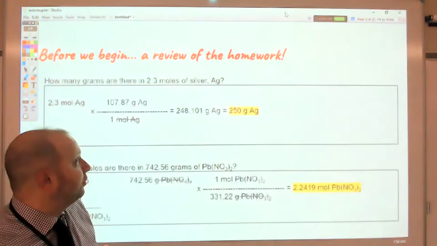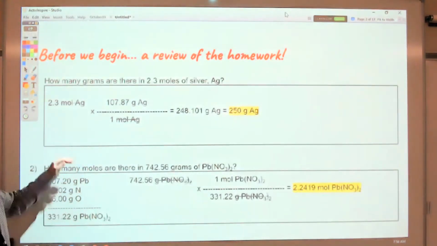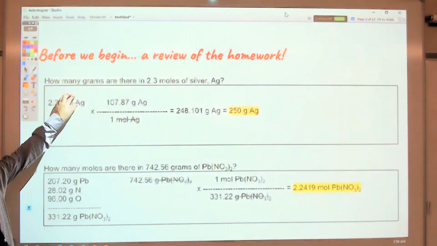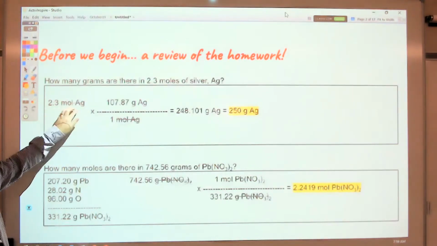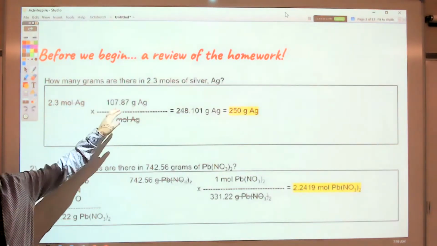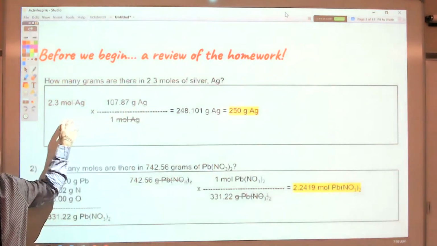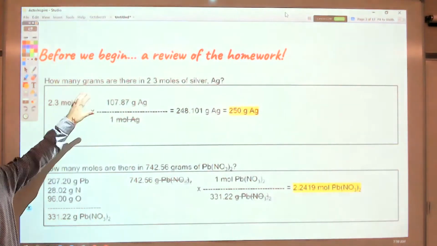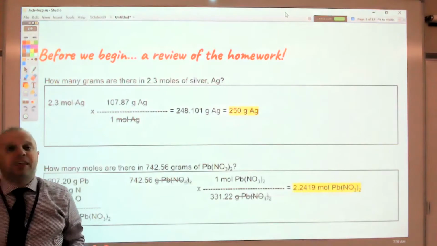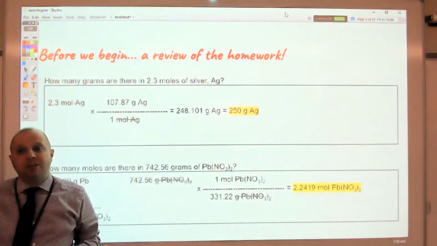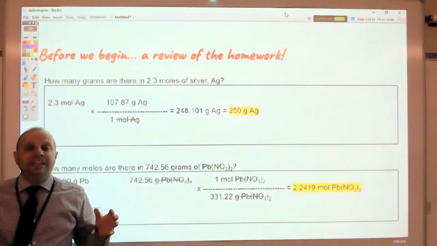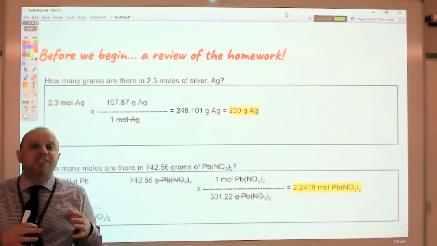If you look at the first page, our first question was: how many grams are there in 2.3 moles of silver? We're always going to put whatever we start with as our starting point over here from the problem. In this case, because we're just talking about a single element, we don't have to worry about any type of molar mass addition.